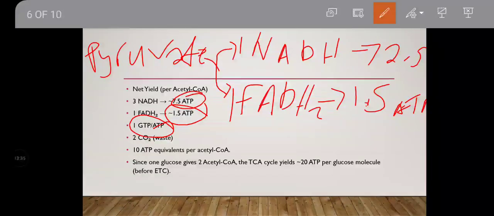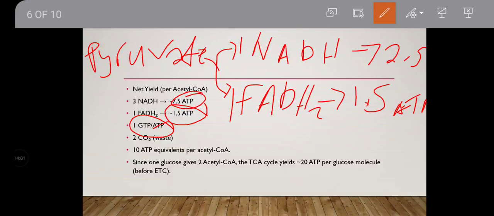Now, since we said that each glucose molecule, when it undergoes glycolysis, gives off 2 pyruvate molecules, and these pyruvate molecules will be converted to acetyl-CoA, meaning that for every glucose molecule, you get 20 ATP molecules, because 1 gives off 10, so you multiply by 2 to give 20. So per glucose molecule, you get 20 ATPs.